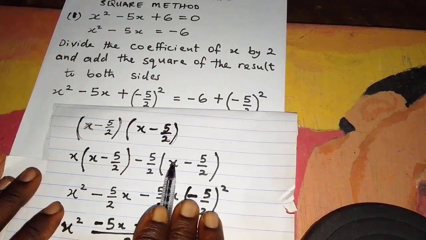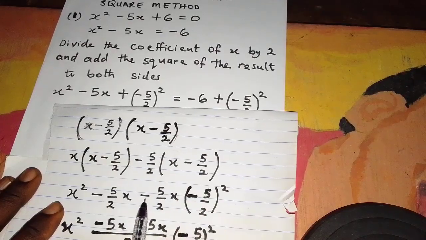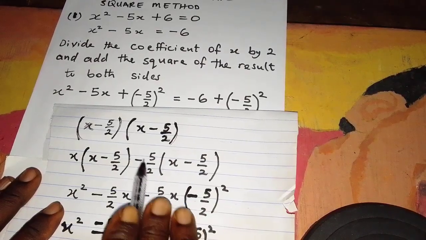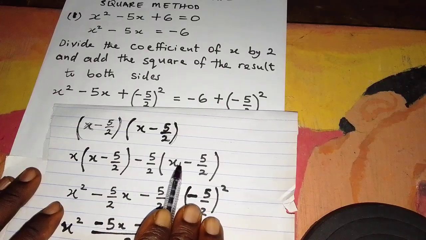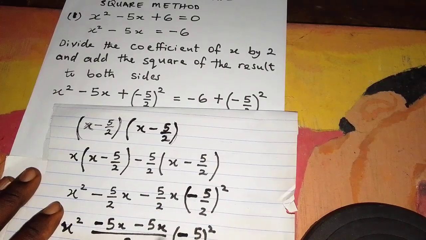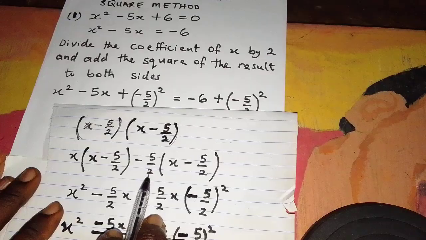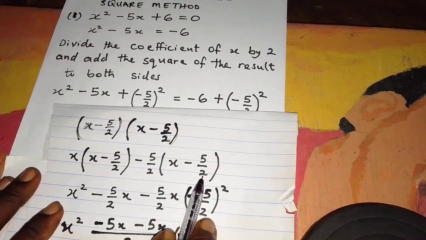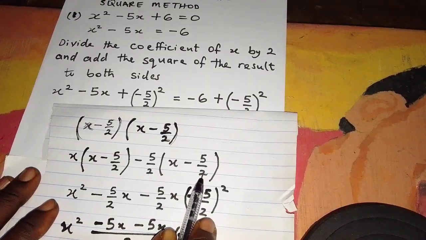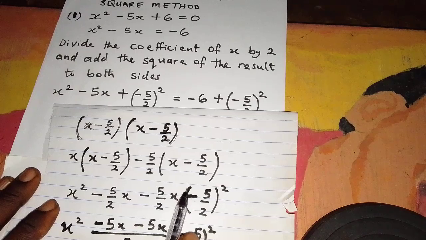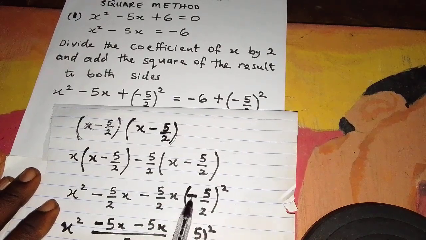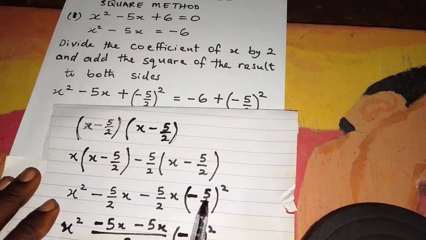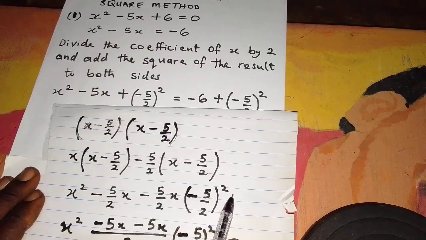Minus 5 over 2x times x will give us minus 5 over 2x. Then minus times minus will give us minus 5 over 2 times minus 5 over 2. I don't want to break this down, so let's still put it like that: minus 5 over 2 times minus 5 over 2 is the same thing as minus 5 over 2 squared.